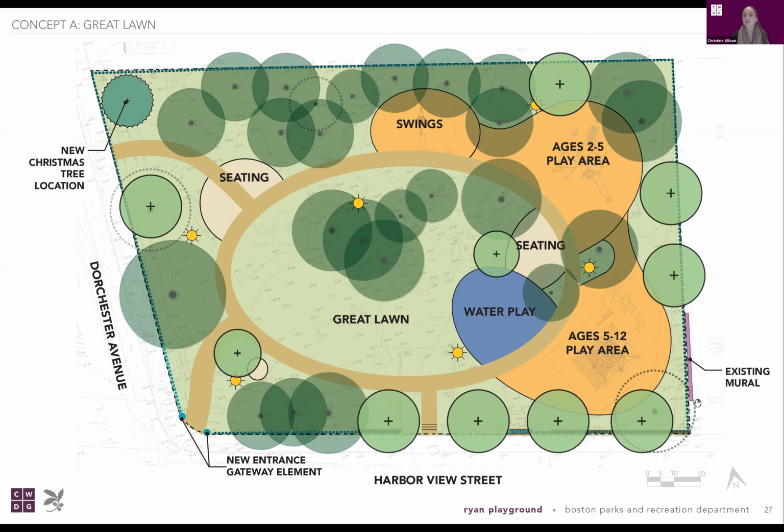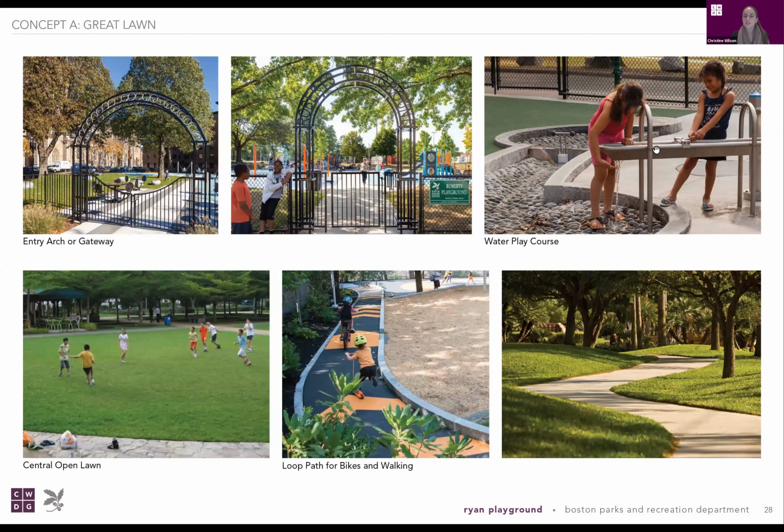I didn't mention that earlier, but there's an existing mural behind the current 2 to 5 area, so we'd be maintaining that location. So again, this is the Great Lawn area where you could have Zumba or yoga, or throw a frisbee. And I think we have some images just to show some of those areas.